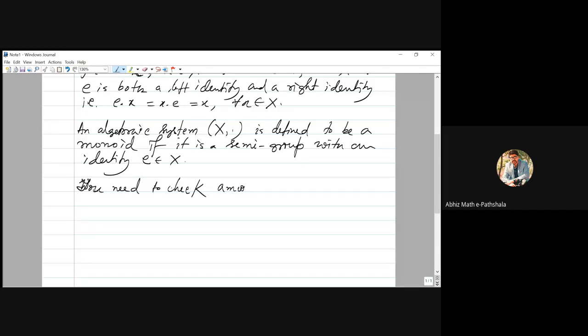You need to check among the examples given earlier which systems are monoid.